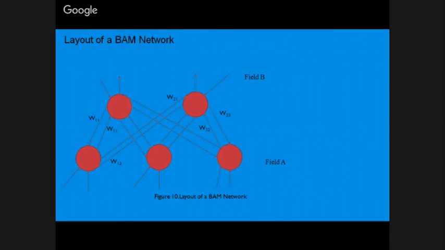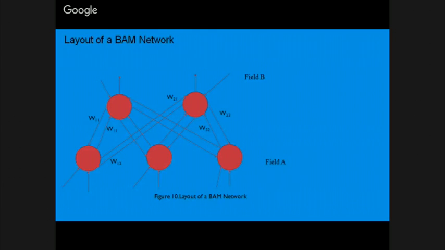So the weights between field A and B, and B and A, are the same. W12, W21, W32, W23, they are the same.